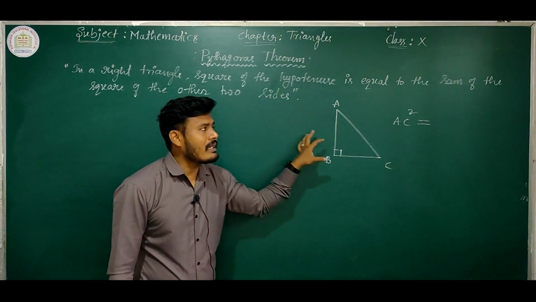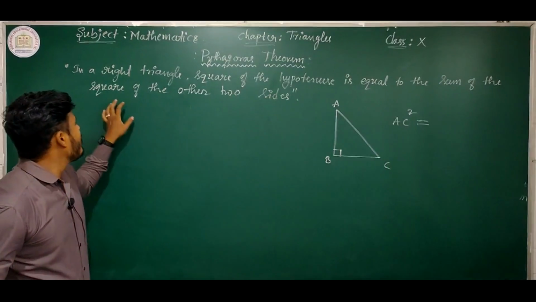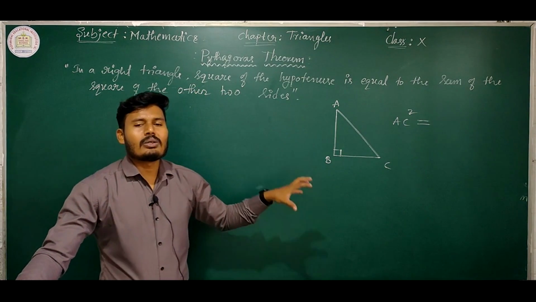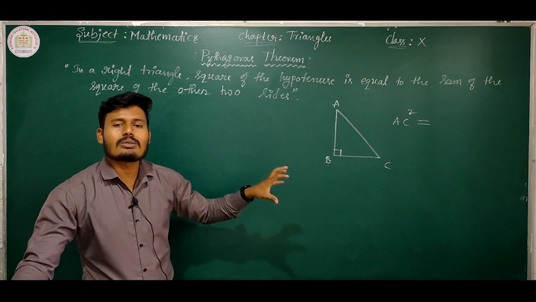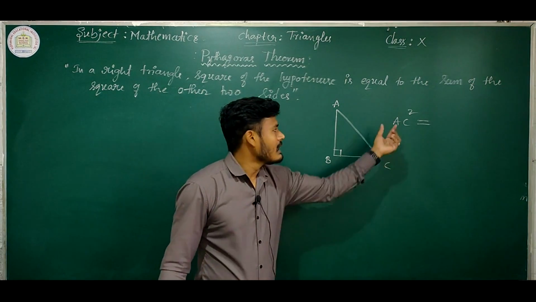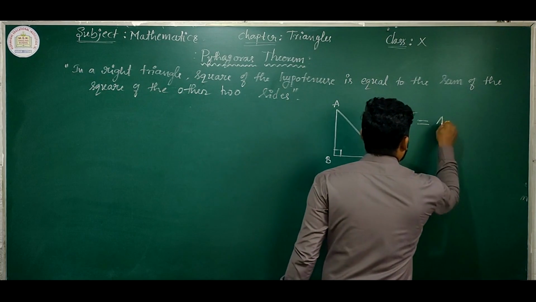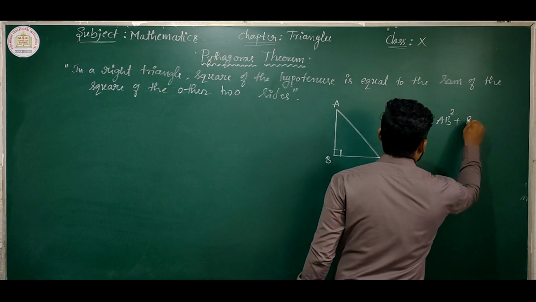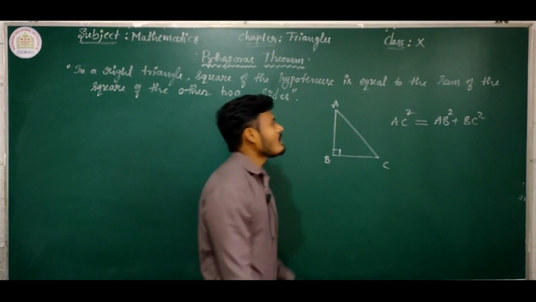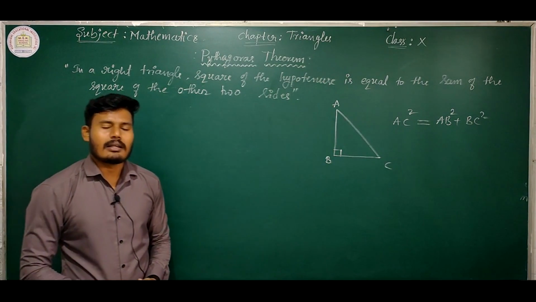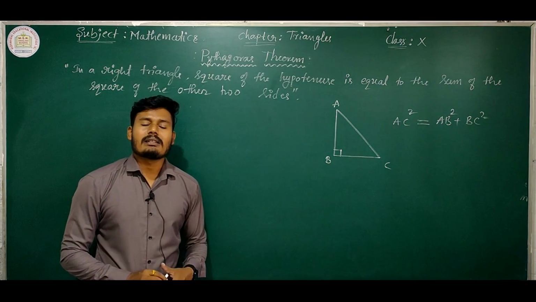You should apply the square on both the sides and then make the sum. The sum of the squares of those two sides is equal to the square of the hypotenuse, which gives AB square plus BC square, right? This is the condition we are going to derive in this particular theorem. This is called the Pythagoras theorem.